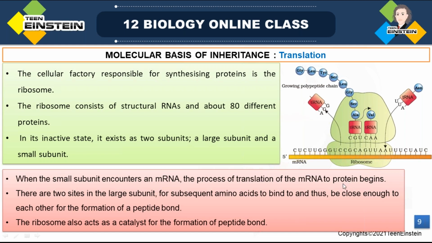When that smaller subunit encounters an mRNA, the process of translation, or protein synthesis, begins. Here you can see this is the smaller subunit. When this smaller subunit encounters the mRNA, the mRNA is present in the smaller subunit.